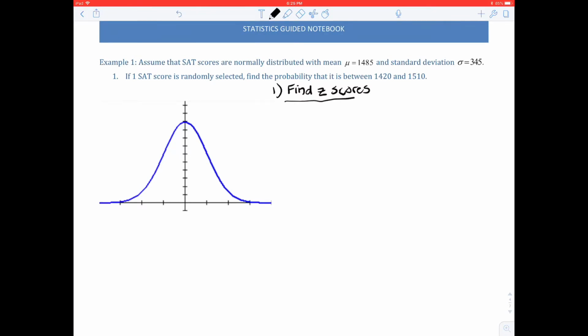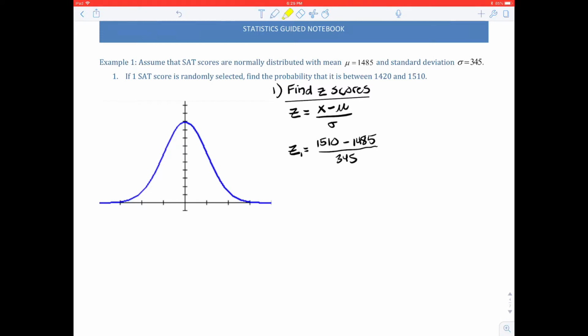So when we go to find our z-scores, what's going to happen? We can remember in general, z is equal to x minus mu over sigma. So z1 we could say is 1510 minus, and our mu was 1485, over sigma, which was given as 345.